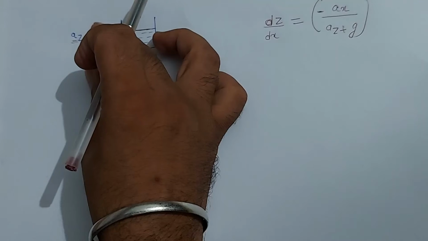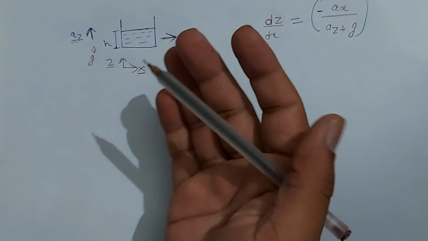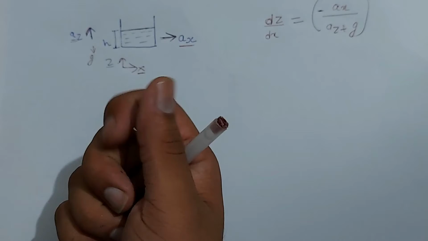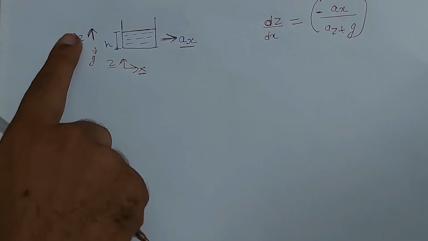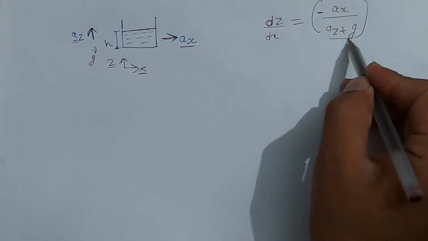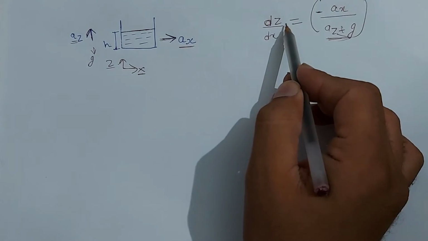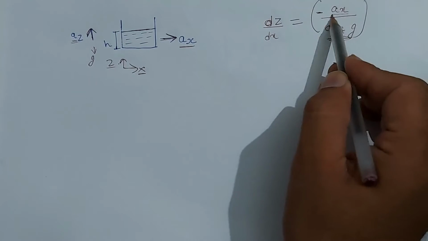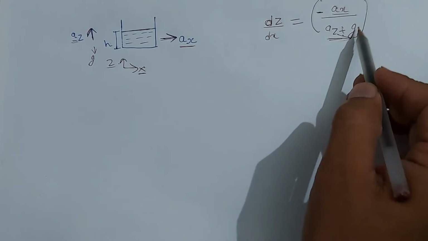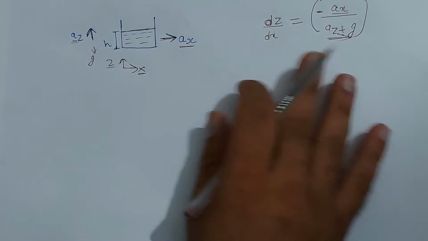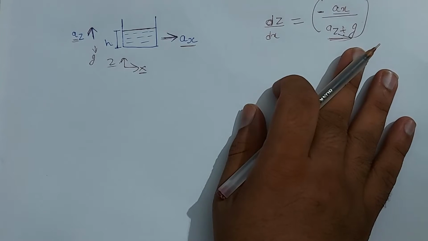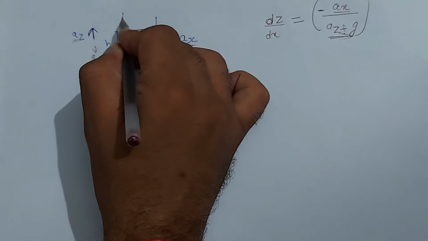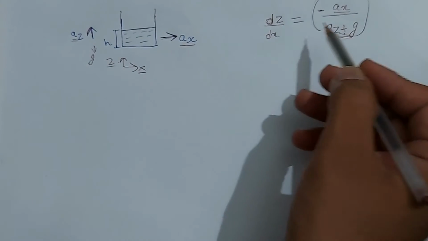So if you write the relative acceleration, then you must have heard that if the velocities are in opposite directions, then their relative velocity will be the sum, so you will sum them. The same thing: dz by dx equals the negative of the horizontal acceleration divided by the relative acceleration in the other direction.